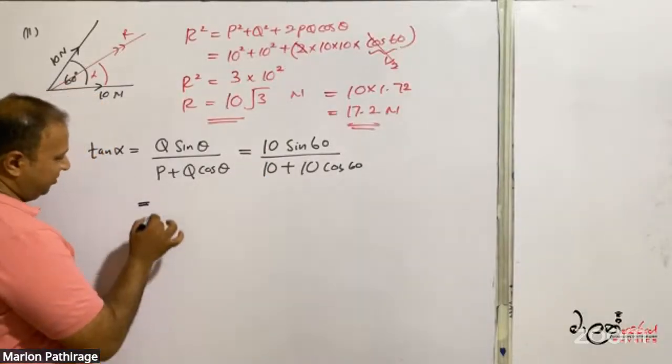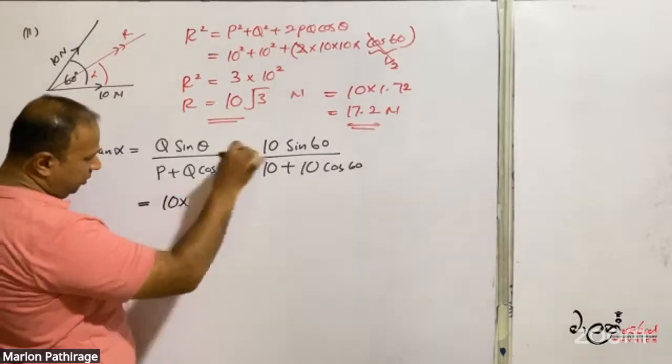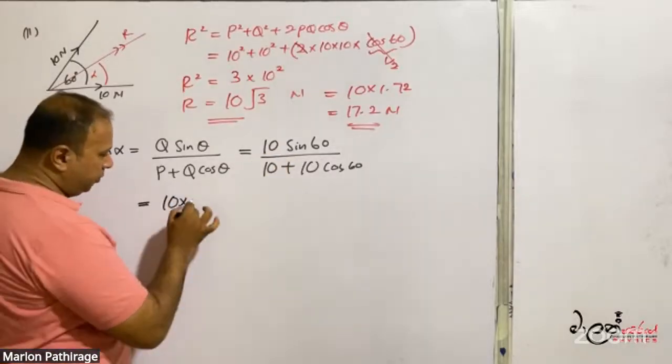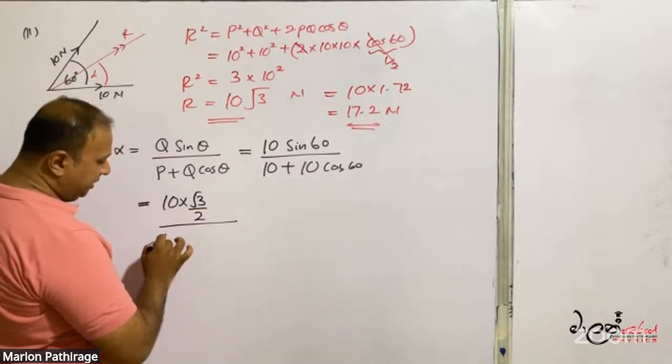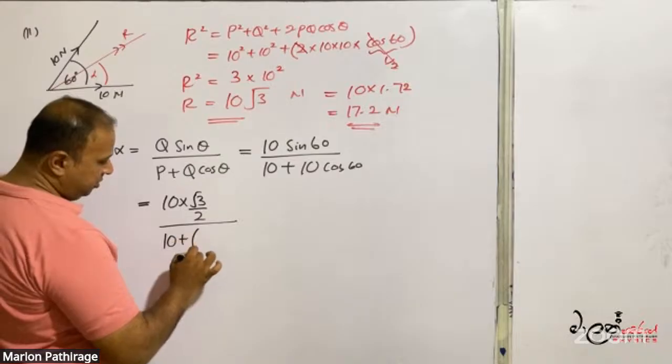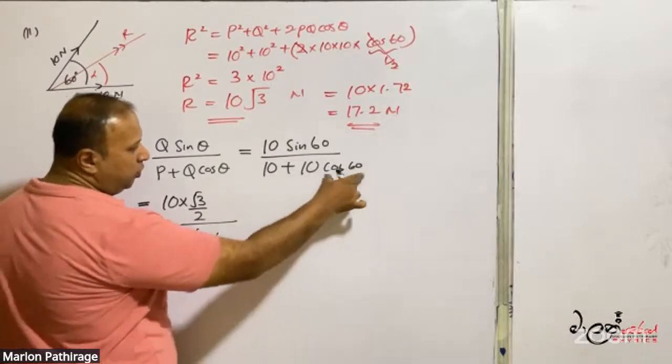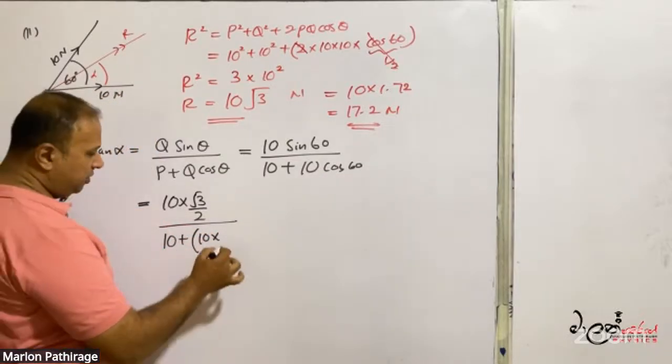Sin 60 means root 3 over 2, so 10 into root 3 over 2, divided by 10 plus 10 into cos 60, which is half.